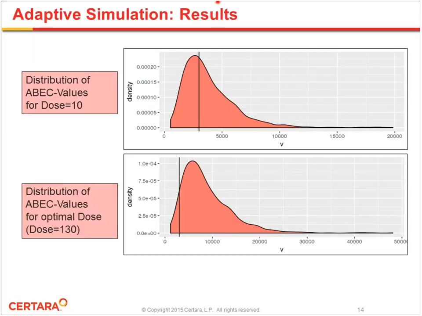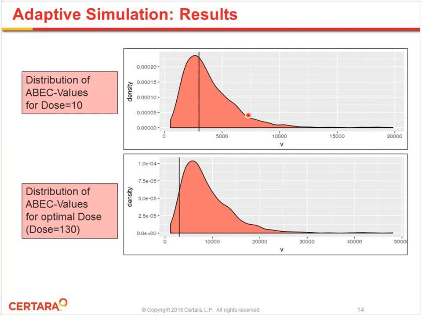Okay, and the next one, just a summary of our results. So we were interested in the variability of the doses. The first picture shows the starting point. This was an initial dose of 10 units. And here they calculated the corresponding ABAC values for such a population, for such a trial.